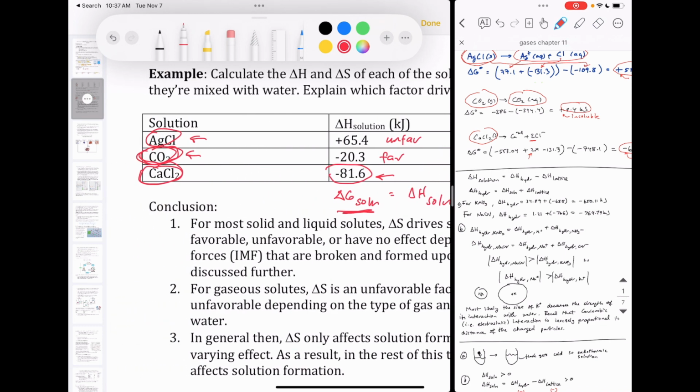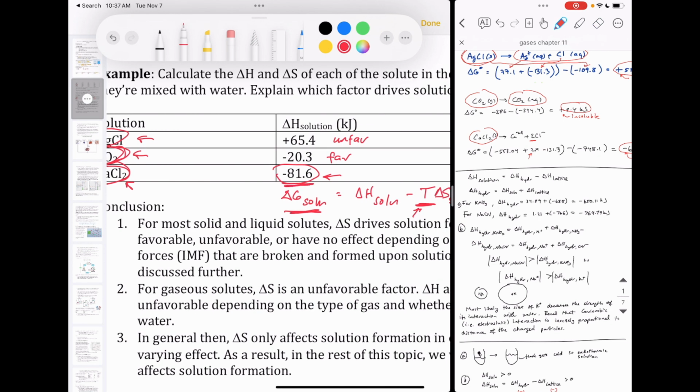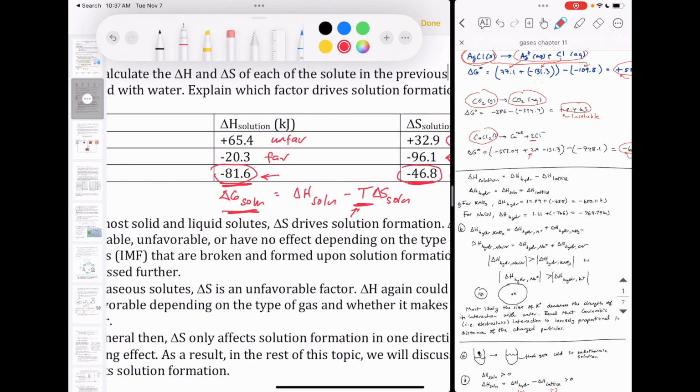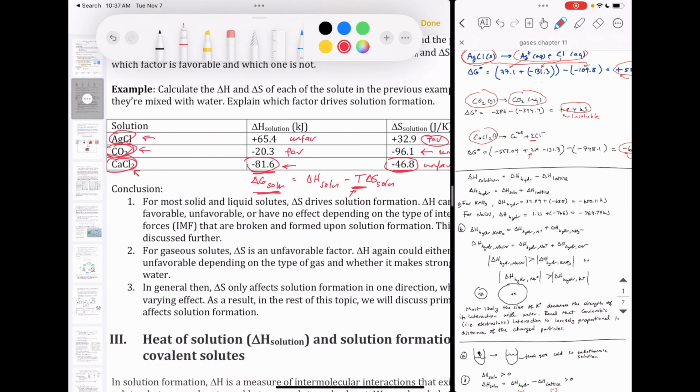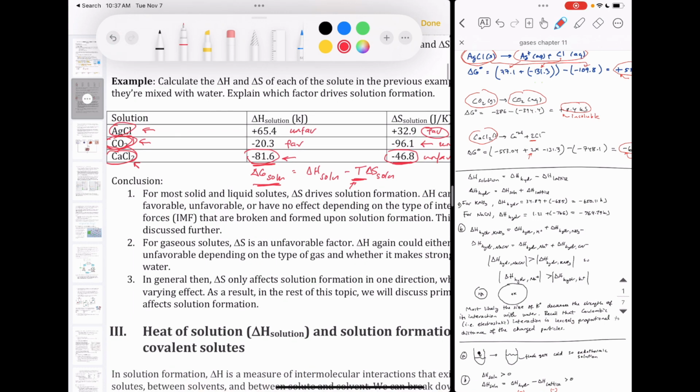But if you keep increasing temperature, eventually this thing will also not dissolve anymore. So this is one of those funny examples of a salt that dissolves even less as you increase temperature. Okay, but because its delta H of solution is so negative that it makes that salt dissolve pretty well at a large range of temperature until you crank the temperature up so high that eventually it doesn't dissolve anymore.